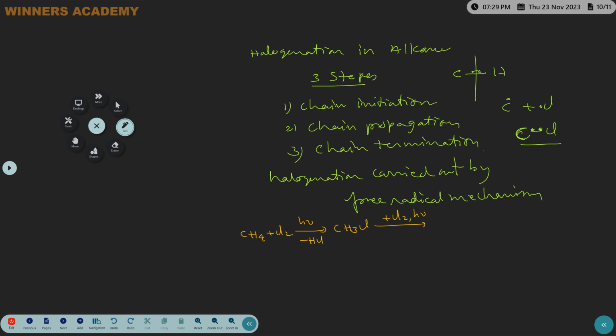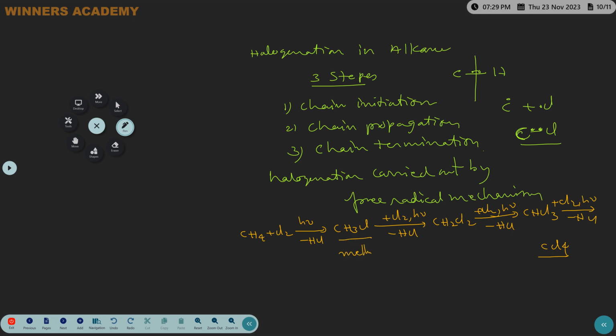Again one H and Cl combine together and form HCl. As a result, CH2Cl2. Again it reacts with another mole of chlorine in the presence of sunlight, and again minus HCl. CHCl3. Again it reacts with Cl2, minus HCl. Finally CCl4.